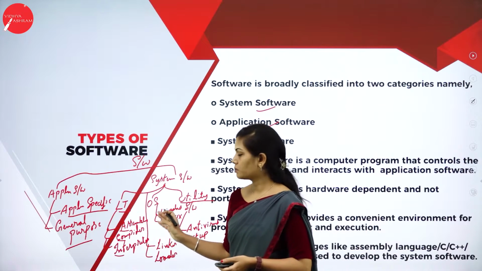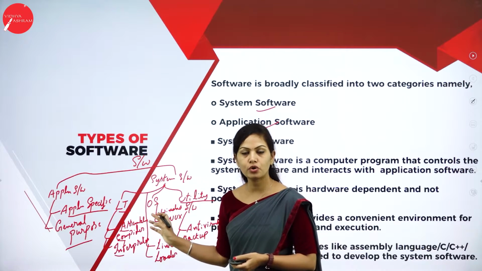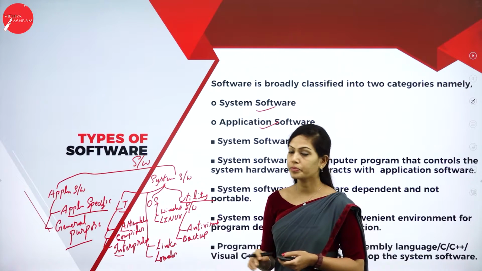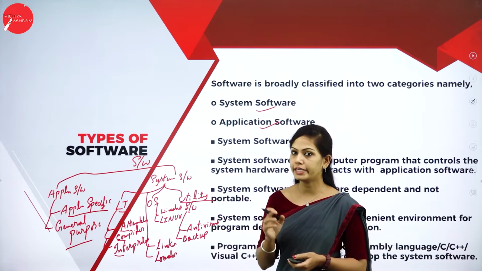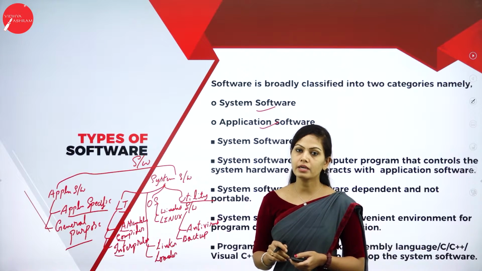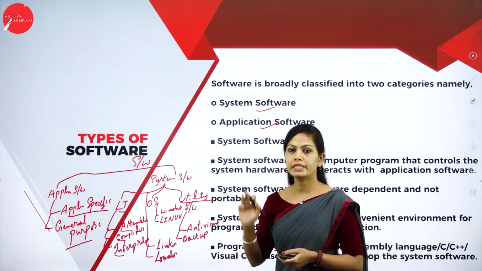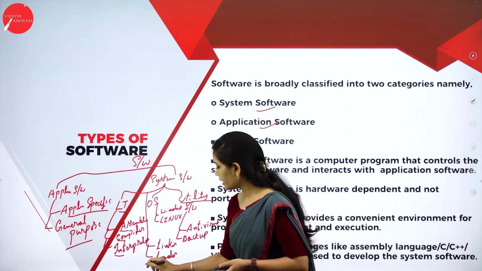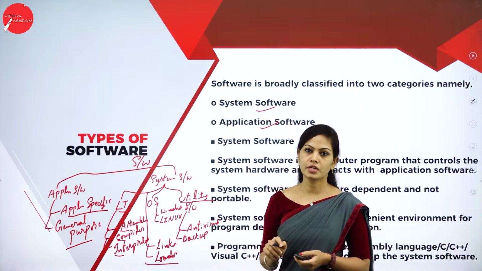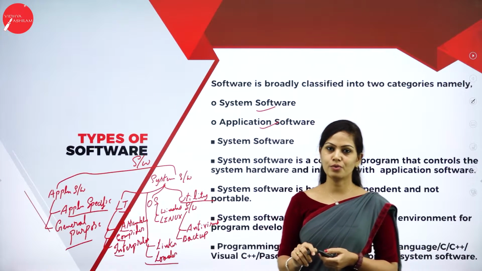And we have some operating systems called Windows, Linux, Unix, etc. And utility software, we have antivirus software and backup software. And system software also consists of linker and loader. So I will explain one by one.